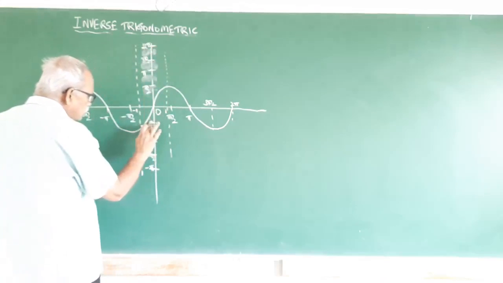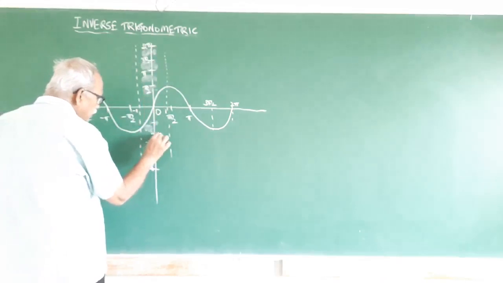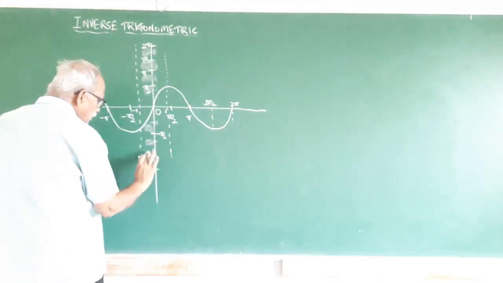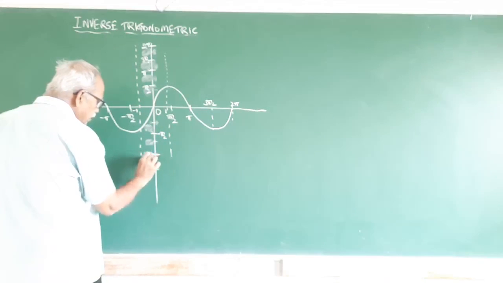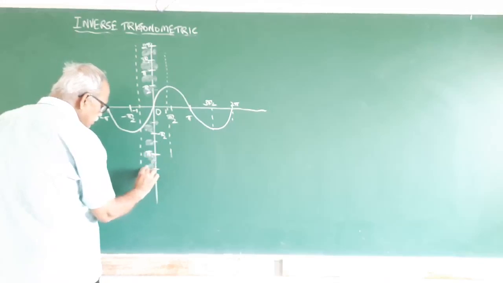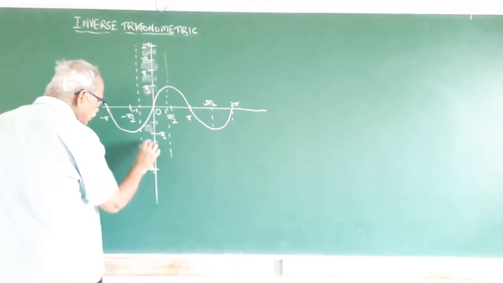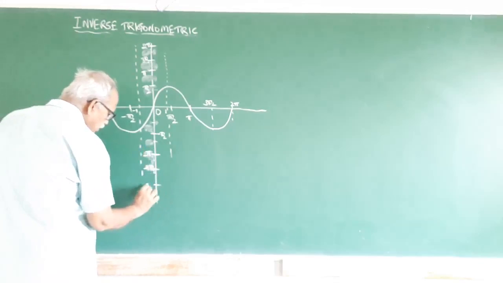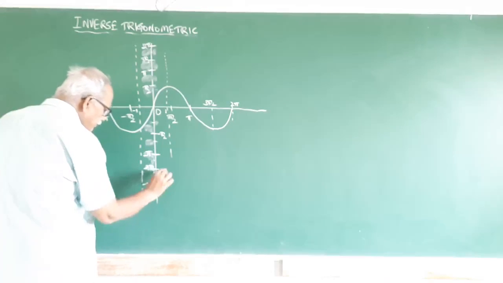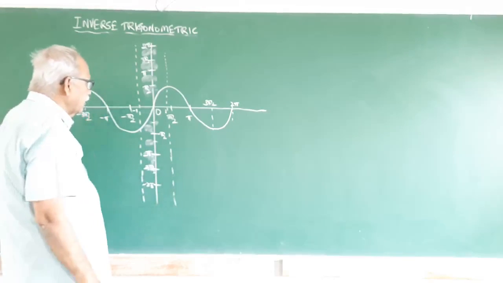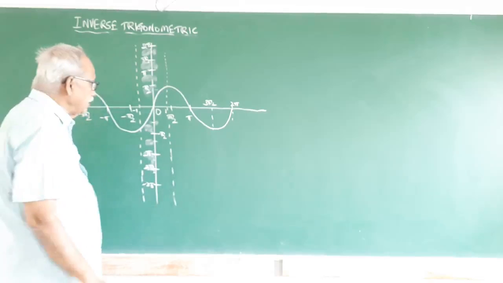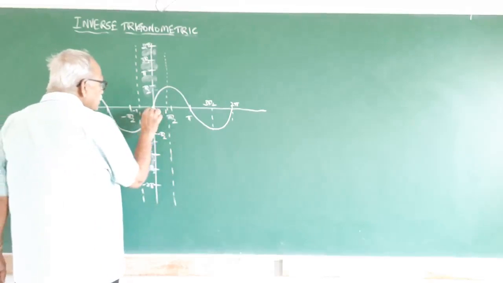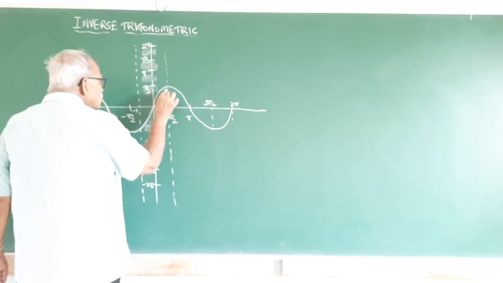Here also, this pi by 2 should be here. This is pi. Let us take this as 3 pi by 2, minus pi, minus 3 pi by 2 and minus 2 pi. Now we will draw the graph of sine inverse of x. So it goes like this.